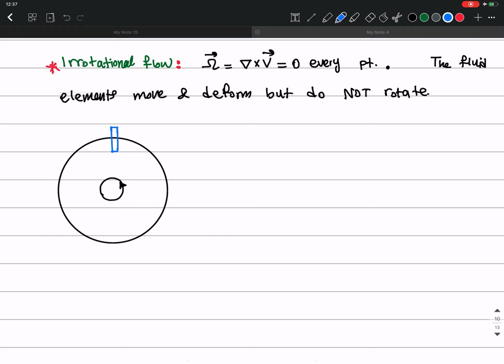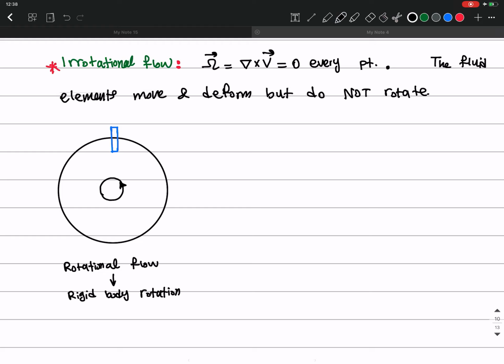In a rotational flow, this particle goes through a rigid body rotation. What do I mean by this?